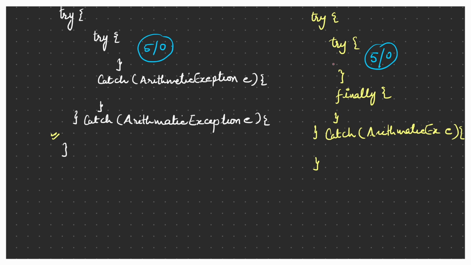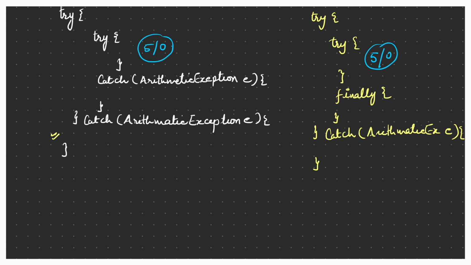The nearest catch block will be the outer catch block, so the control will move to the outer catch block and the exception will be handled by it. This is the case when there is no inner catch block for the try block.